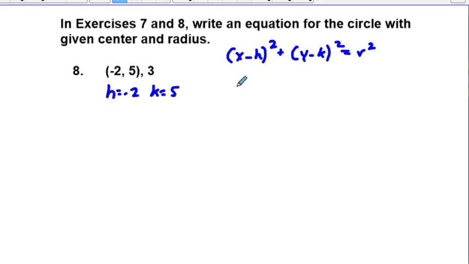And so what we have is x minus negative 2, which is going to be x plus 2, squared, plus y minus 5 squared is equal to r squared. Well, r squared is 3 squared, or 9. So there we have it.